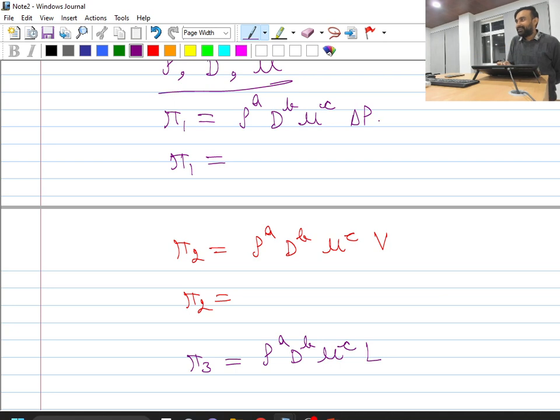Tell me final formulation. I need pi 1 equal to rho d square into delta p by mu square. Okay, correct. What about pi 2?